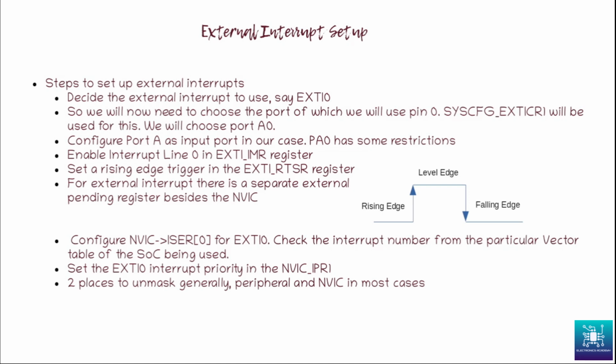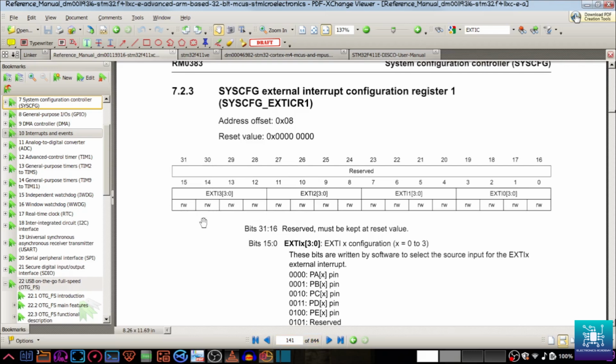But let us have a look at that register now. Rather, it is a group of 4 registers which maps the interrupt lines to the pins. Now for this, we are again referring to the reference manual, and this is in chapter 7, page 141.